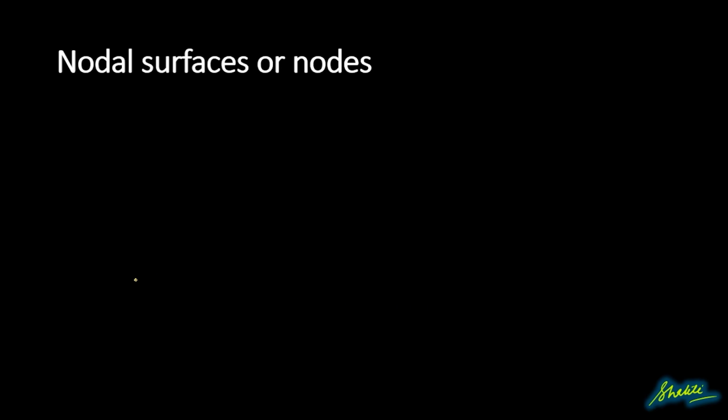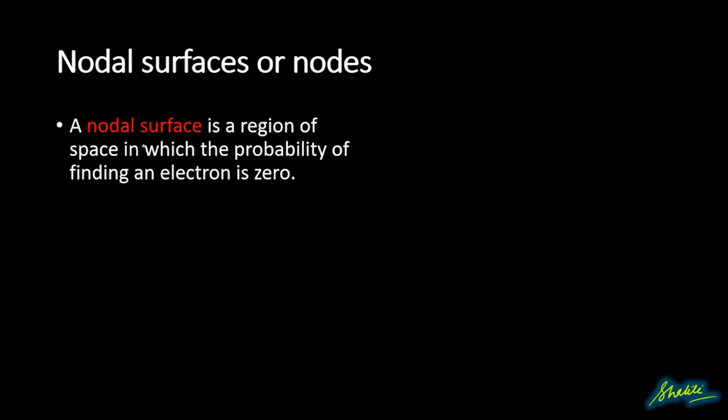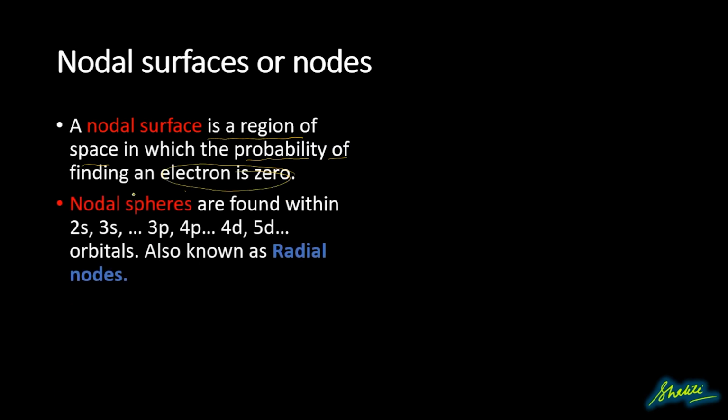So now, nodal surfaces or nodes. The nodal surface is a region of space in which the probability of finding an electron is 0, and nodal spheres are found in 2s, 3s, 3p, 4p, 4d, 5d orbitals. These are also known as radial nodes.